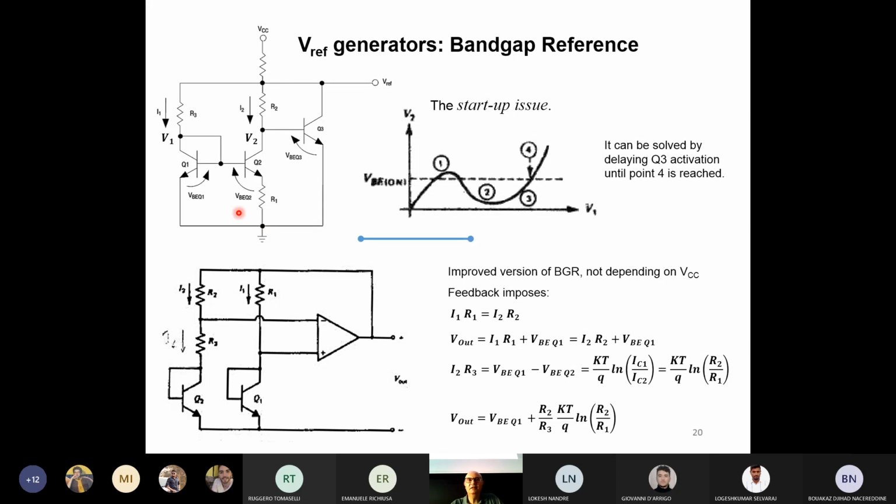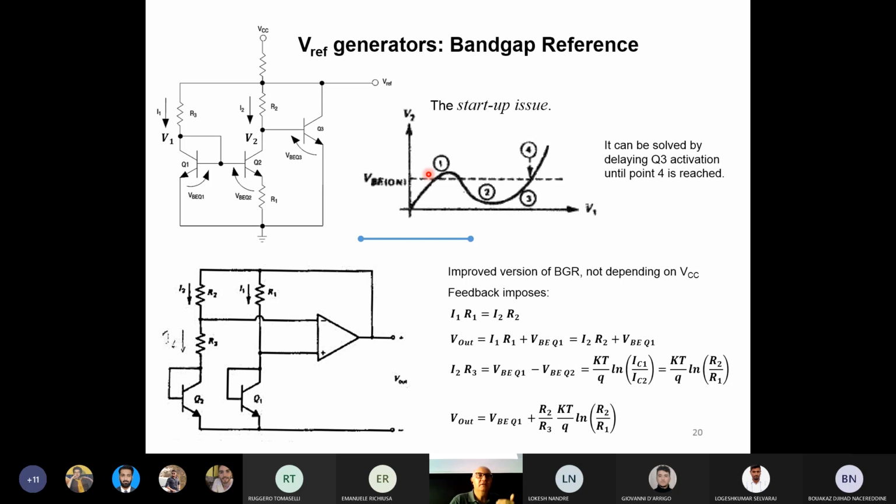The currents are still very small. If the currents are small, I can say that the voltage on R1 is small, and so maybe the voltages on the two collectors when the current starts to flow are still the same. We are still in this part, a bit over the VBE on, but the curve is still almost at 45 degrees.